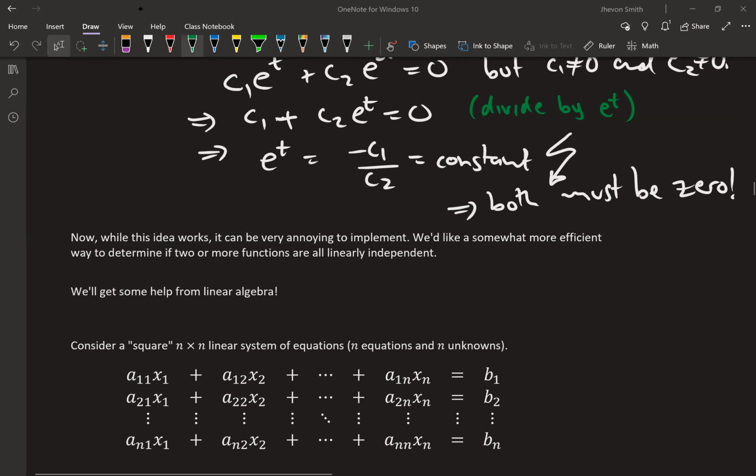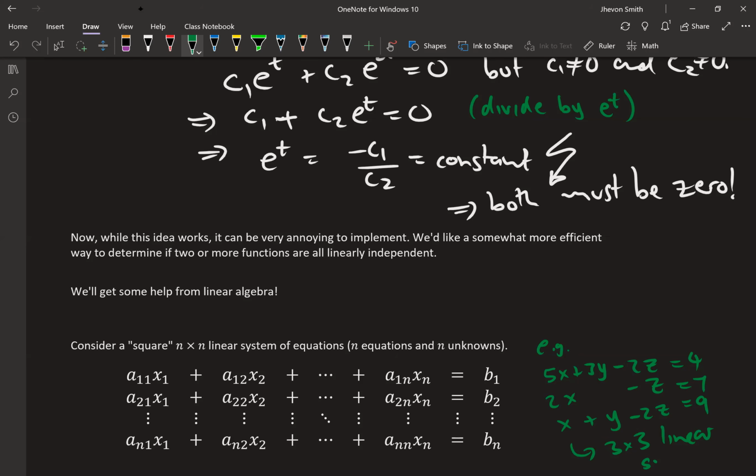So, for example, if I have 5x plus 3y minus 2z equals 4, and 2x minus z equals 7, and x plus y minus 2z equals 9. This is what we call a 3 by 3 linear system. Okay, so that's called a linear system.